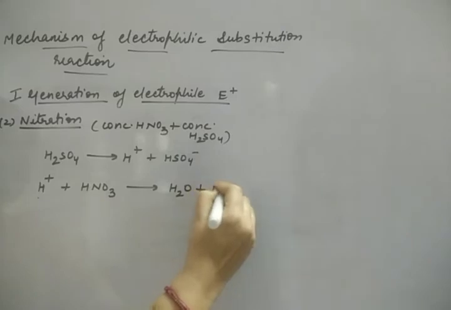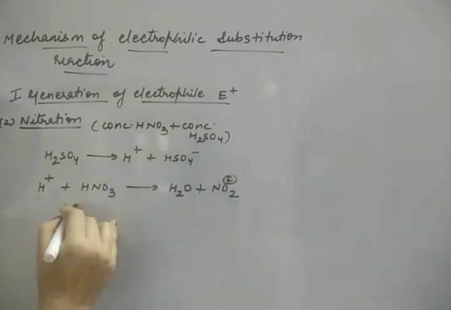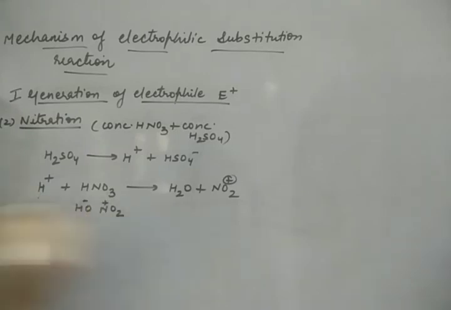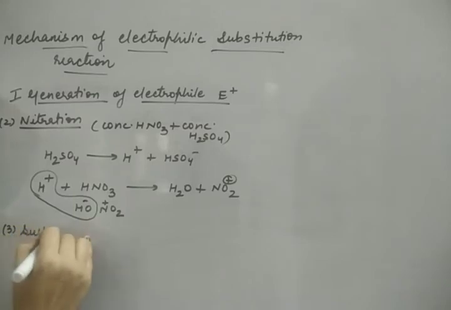And what is my electrophile that is generated? NO2 plus, because HNO3 I can write like this. So this is minus and this is plus now. So water is removed like this. And what is the electrophile generated? It is NO2 plus.